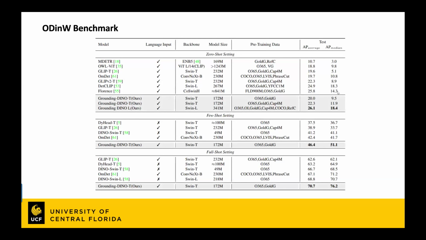The third setting that we evaluate grounding DINO on the zero shot benchmark is the object detection in the wild data set. This is a more challenging data set since there are more real world scenarios and more data sets. Grounding DINO in this data set is compared on 3 settings, where the first setting is zero shot, then few shot, and then full shot.